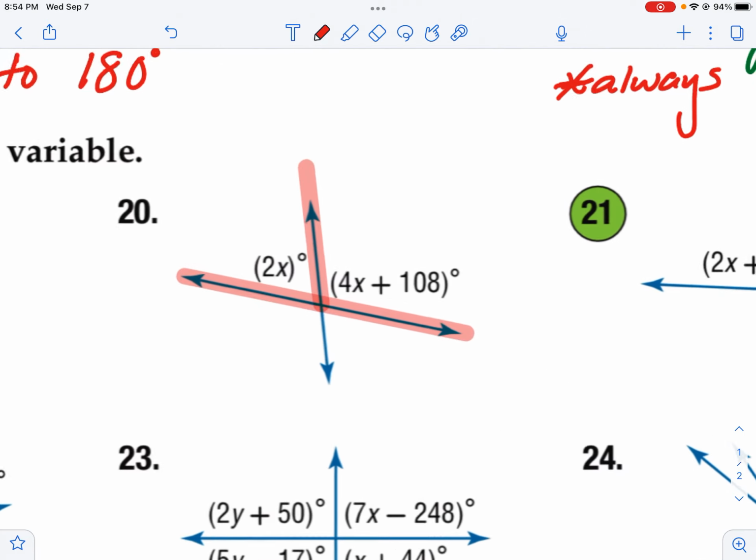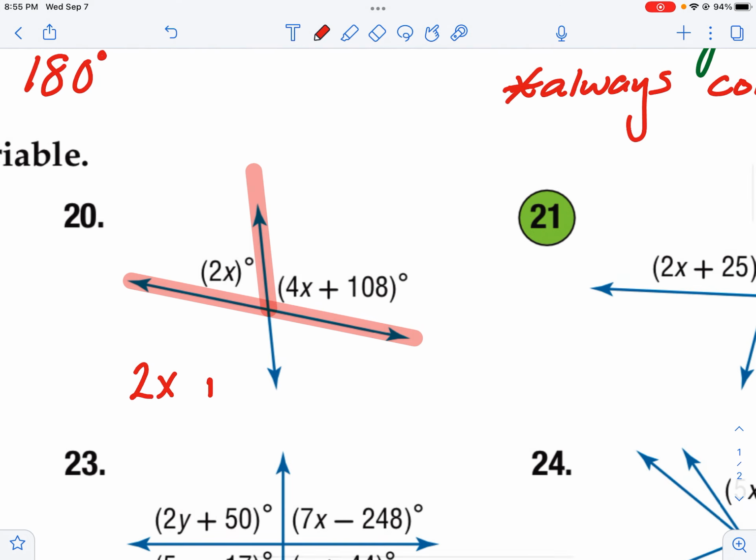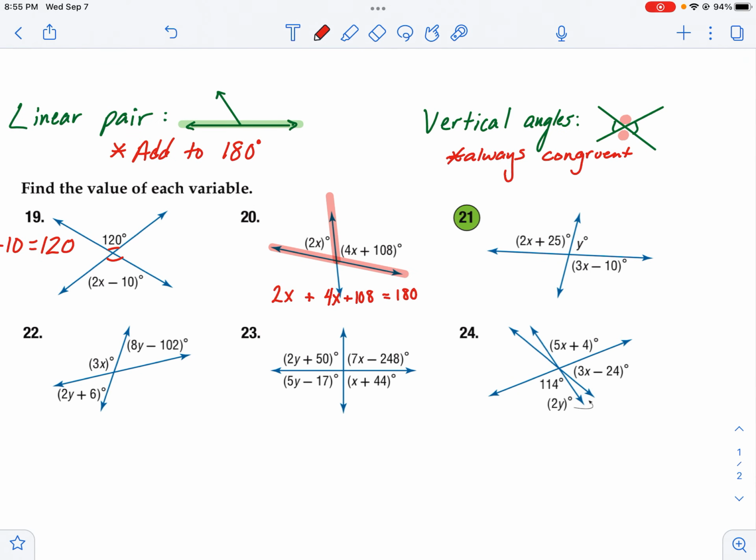So the equation I should set up is this first angle on the left, 2x, added to the other angle in that linear pair, should get 180 degrees. Again, take your time, pause the video, solve them, unpause, check your work.